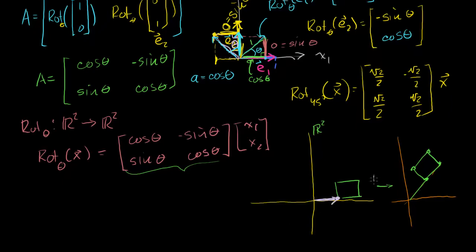When you apply the rotation of 45 degrees to that vector, this vector then looks like this. And the vector that specified this corner right here, let me do it in a different color, when you rotate it by 45 degrees, then becomes this vector. And the vector that specified that corner over there, that now becomes this vector. That's what's actually being transformed.